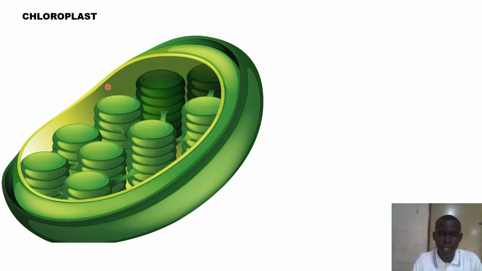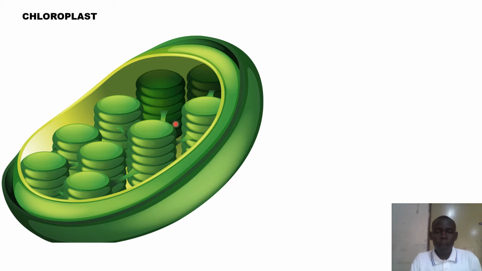This space you are seeing here is filled with a gel-like fluid called stroma. Within the stroma, we have ribosomes, which are sites of protein synthesis. We also have enzymes, which catalyze reactions of the light-independent stage of photosynthesis, and starch granules that temporarily store the manufactured starch.